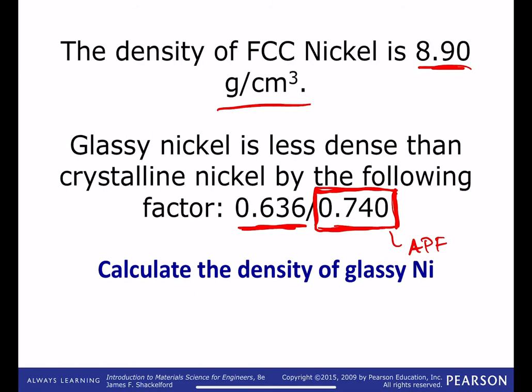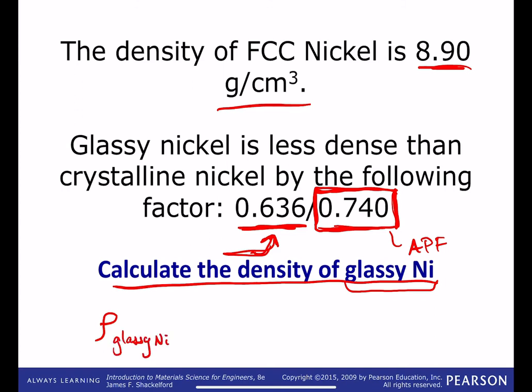So if we know the value of the ratio here as we consider the disordered nickel, 0.636, we can simply ask the question, what's the density of the glassy amorphous nickel, the disordered nickel? It's going to be equivalent by this ratio. Okay, so the density, sometimes given symbol rho, of glassy nickel is going to equal 0.636 over 0.74.